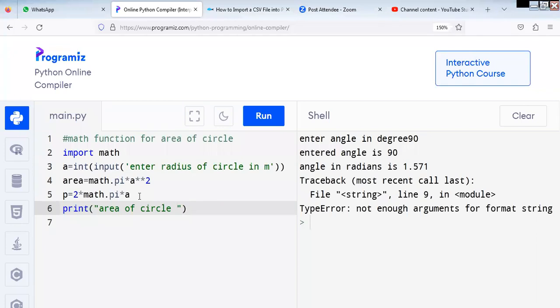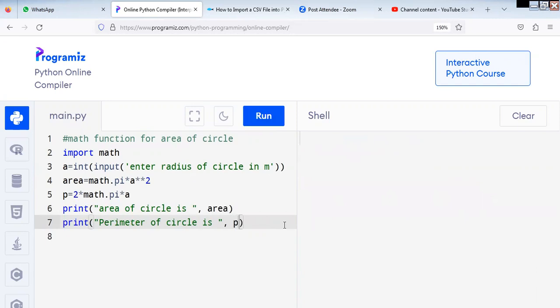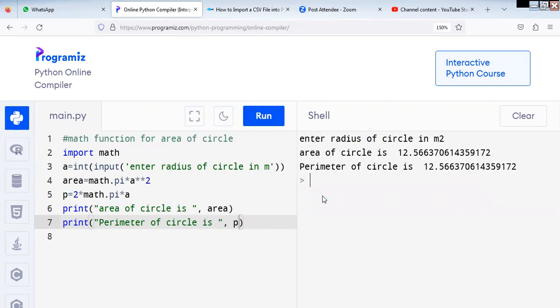Area of circle is, so you can write it is area. Perimeter of circle is. I'll just put the radius 2. So area is this much, perimeter is this much.